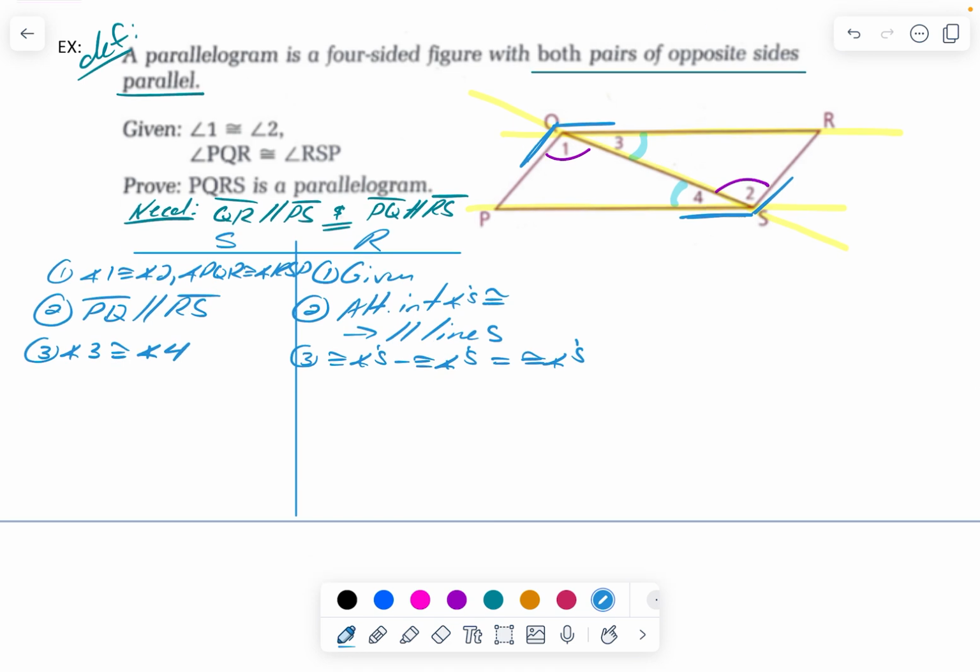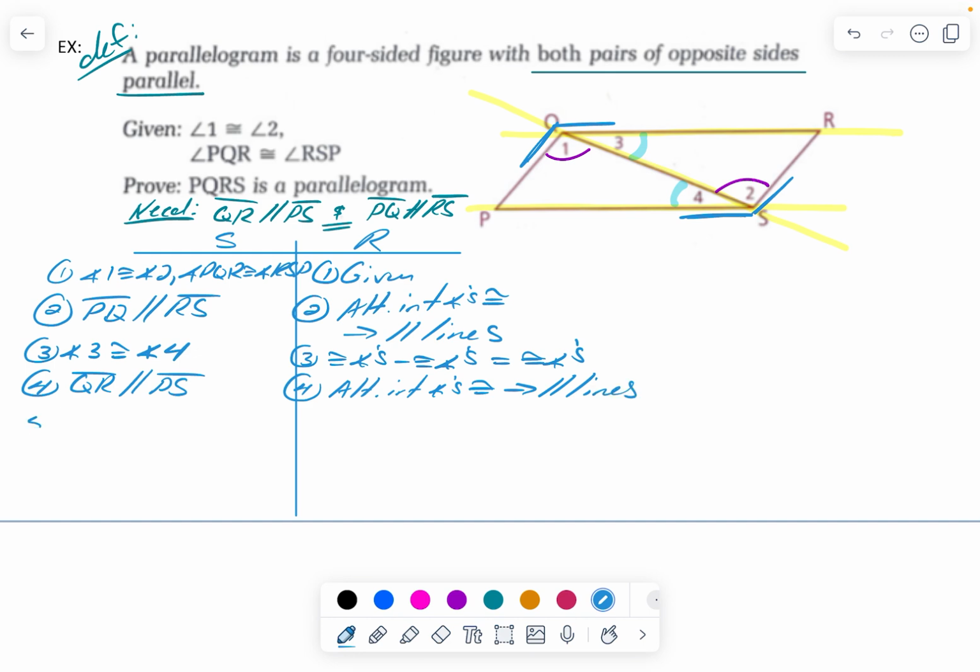Well, now that 3 and 4 are congruent, we can say that QR is parallel to PS, and same thing, alternate interior angles congruent, parallel lines.